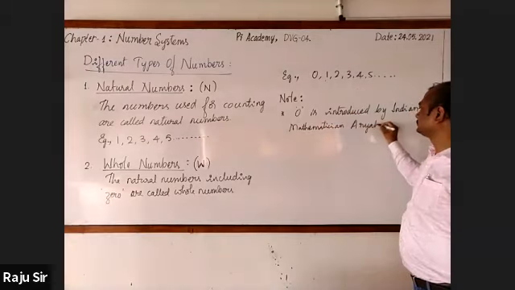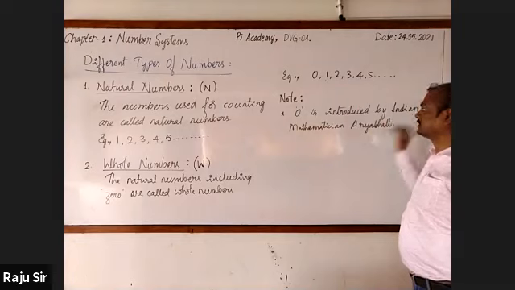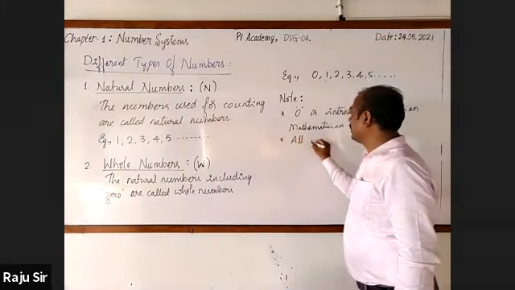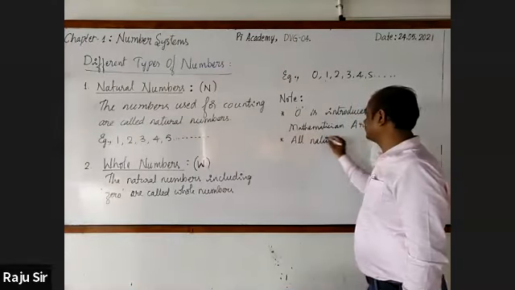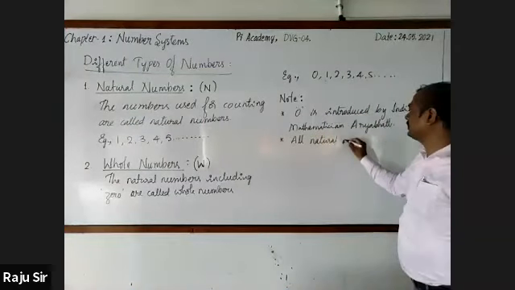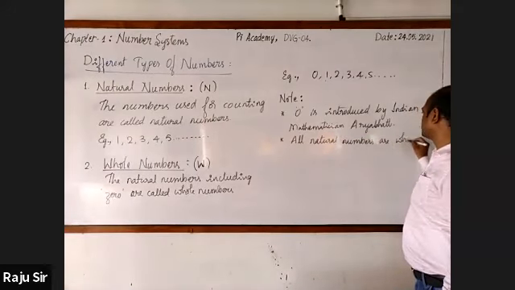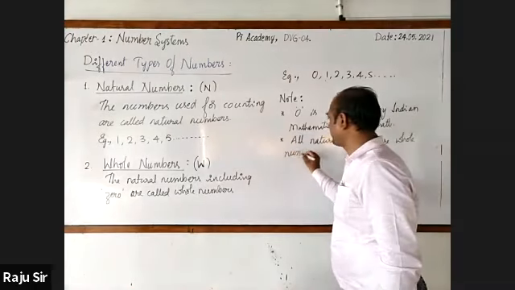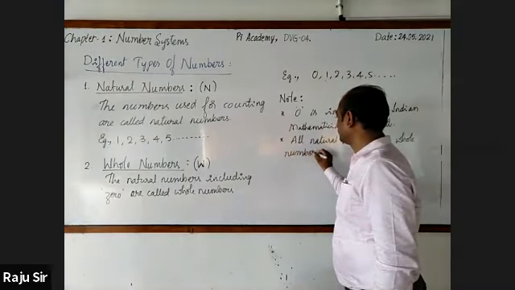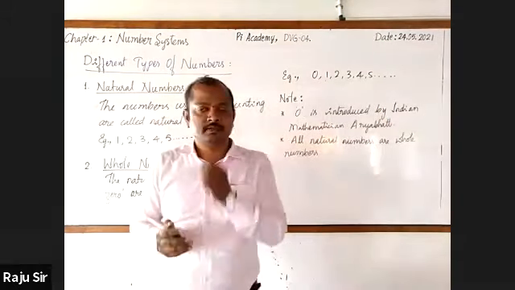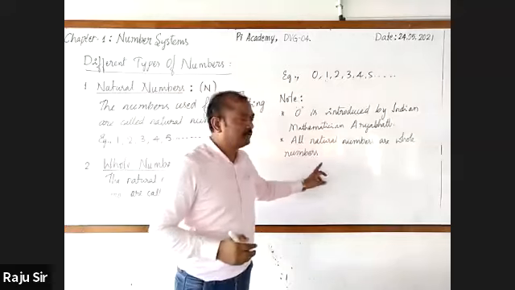Next, another important information is all natural numbers are whole numbers. But the converse of this statement is not correct.